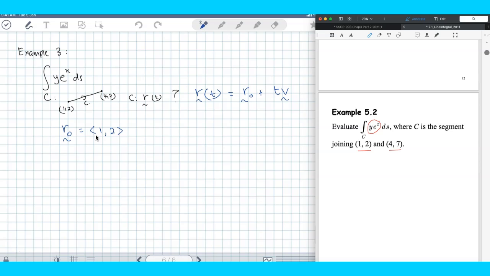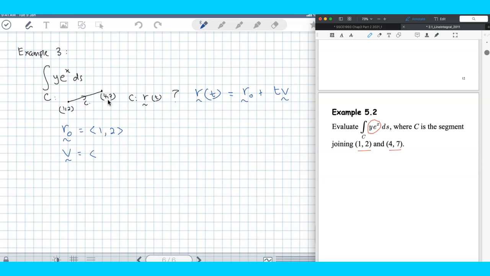And what is v? v is a vector parallel to the line. The information that we have so far is only these two points. Can we have the displacement vector? Do you know what the displacement vector is? The vector from the point (1, 2) to (4, 7). How can we get the displacement vector?